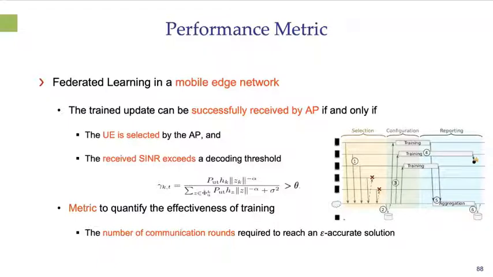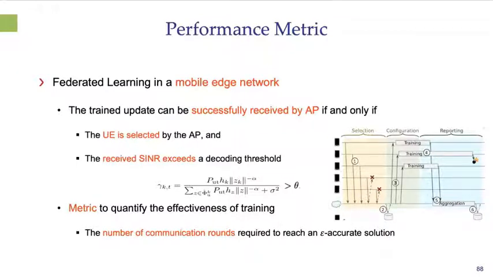First of all, the end user device with that particular model has to be selected by the access point, and even if it's selected, the received signal to interference plus noise ratio at the access point has to exceed a decoding threshold, which we'll call theta. So theta is a parameter of this model, which will come up later. So this gamma sub kt is just the SINR received at the access point for the kth end user device at iteration t.